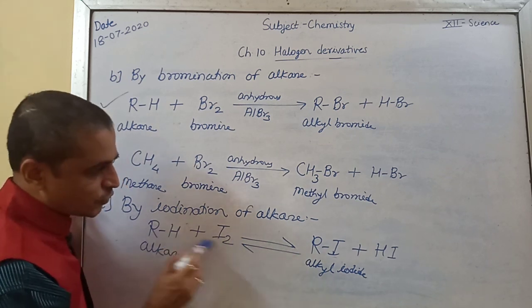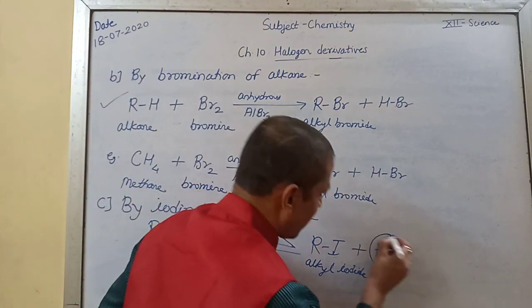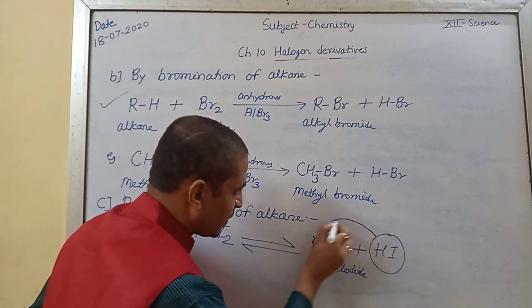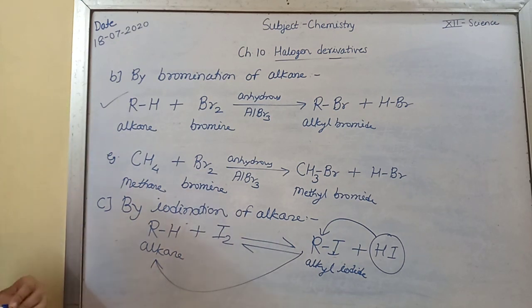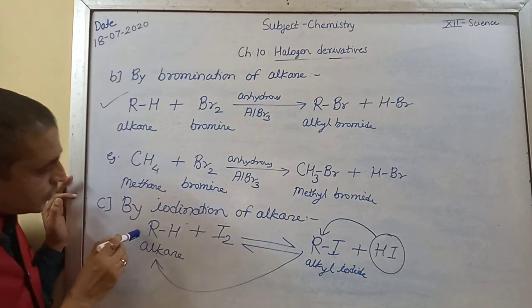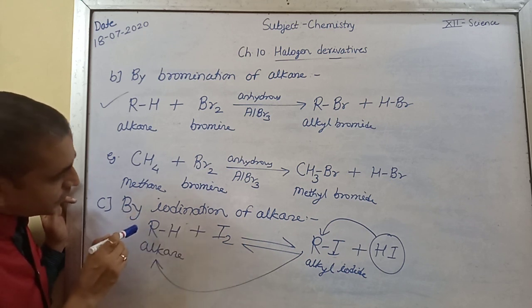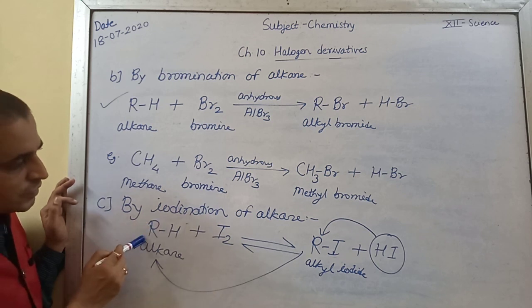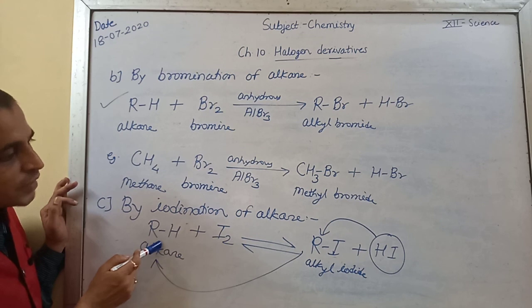Means direct iodination of alkane is not possible as HI acts as a reducing agent which reduces alkyl iodide to alkane again. So this direct iodination of alkane is not possible. So this reaction is carried out in presence of a suitable oxidizing agent like mercuric oxide, iodic acid or dilute nitric acid.